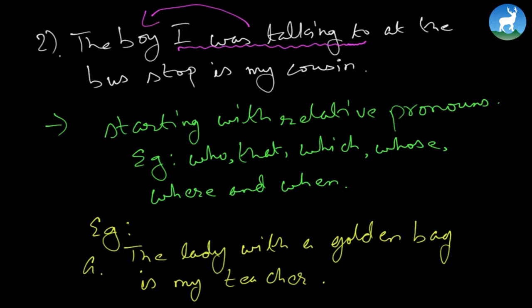Here, "with a golden bag" narrows down the subject, which is the lady, and makes it particular. So we are talking about this lady. Likewise, we can sometimes use that, which, whose, where, and when, depending on the sentence structure.